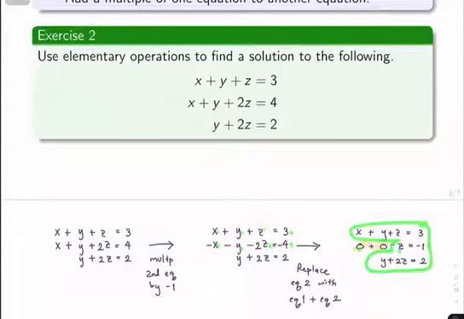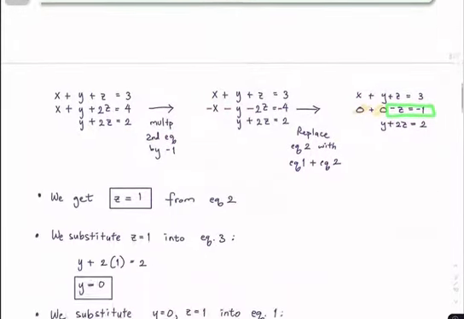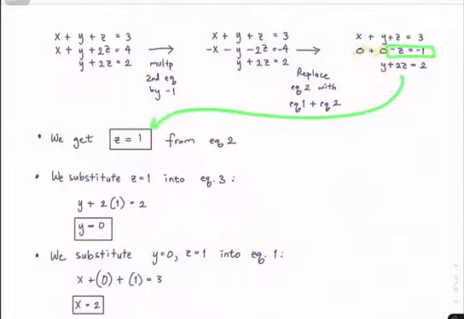Here I notice that it is enough just to look at the second equation to be able to say what the value of z should be. So z would have to be equal to 1. And now I want to find the other values.